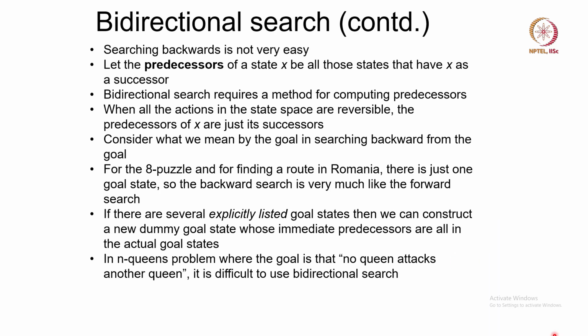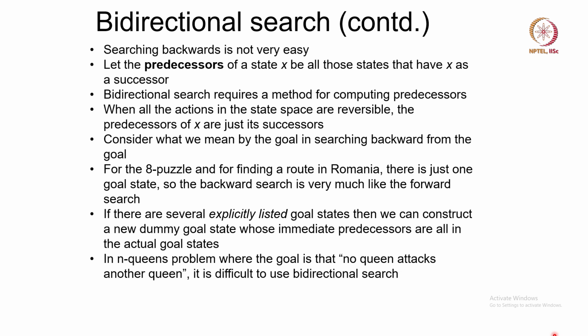The problem is that searching backwards may not always be possible. There are some types of search where searching backwards is the same as searching forward. For example, in the 8 puzzle, it may be possible to use bidirectional search.